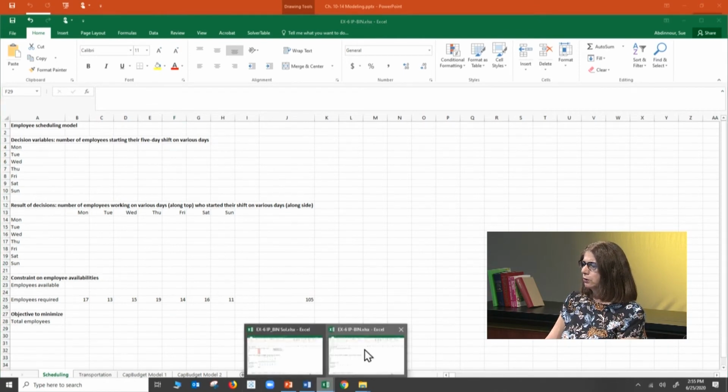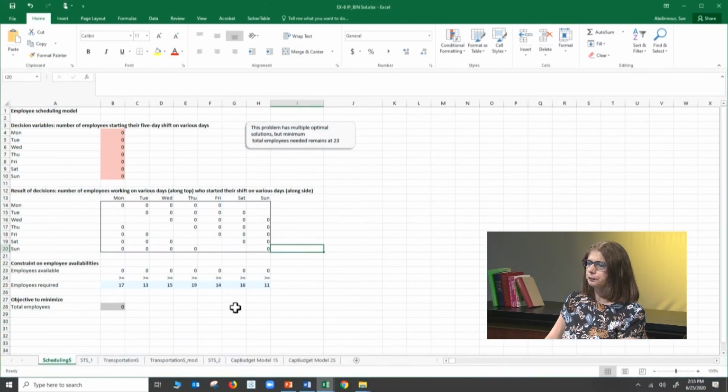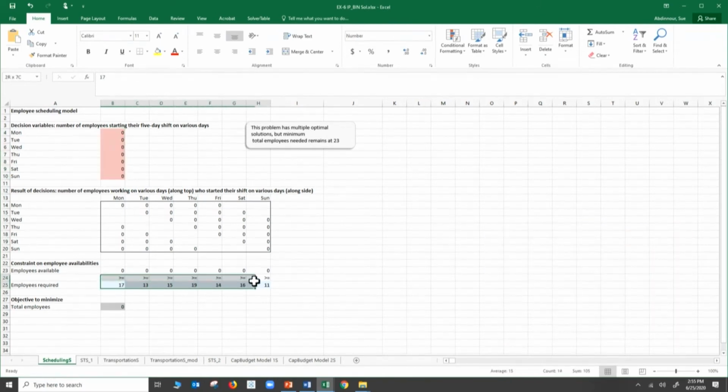So we're going to jump to the solution here and show you. Now you're seeing familiar things. These are my decision variables. They're in pink. The only input in blue is the number of people I need each day. And the objective function is really the sum of these employees, because like we said, they are mutually exclusive.